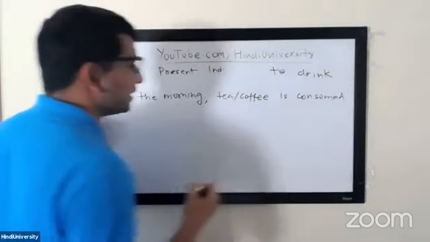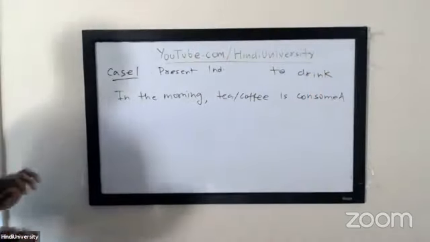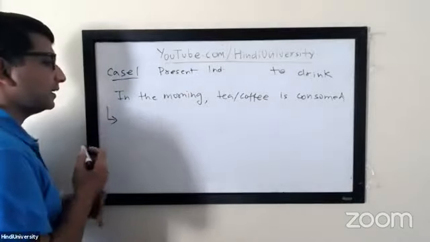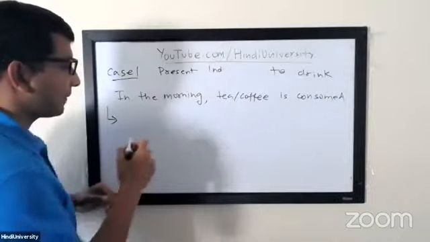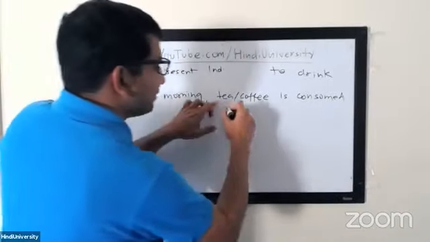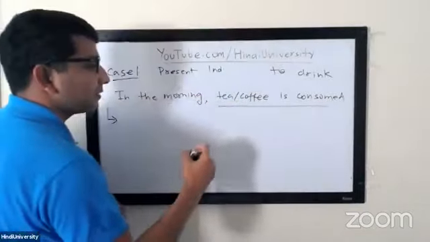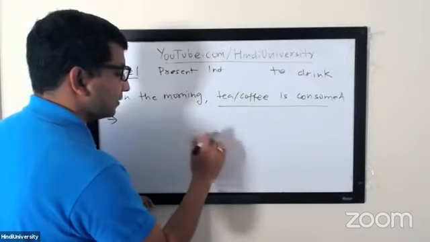Okay, drink. Okay, Zirka ji, you want to give it a try? How will you say this? So I have to break it down. Break it down. Yeah. Let's try with this one. Tea is consumed. Okay, so tea is chai.